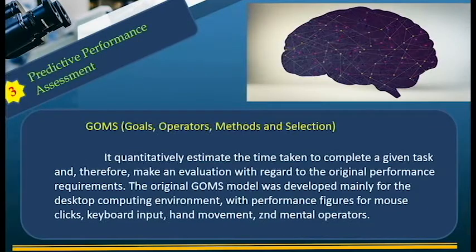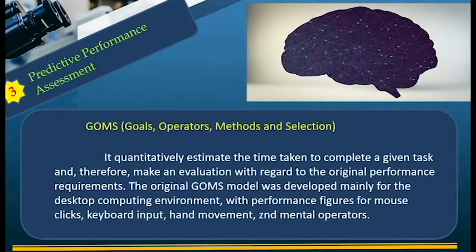Then we have the GOMS. What is this GOMS? Goals, operators, methods, and selection. It quantitatively estimates the time taken to complete a given task. Therefore, make an evaluation with regard to the original performance requirements.